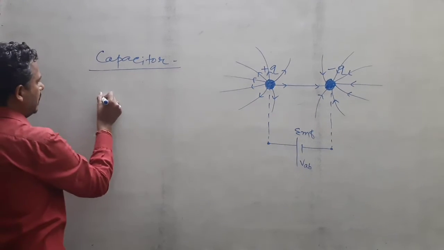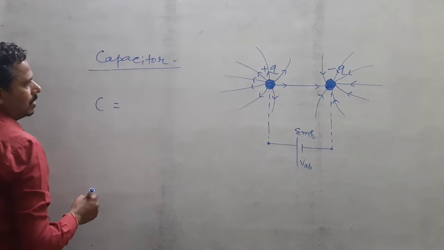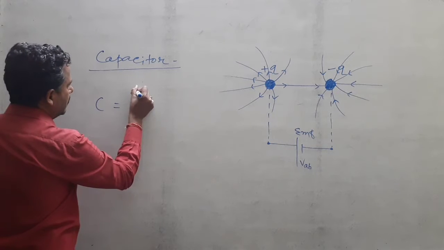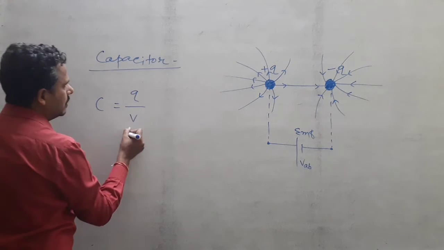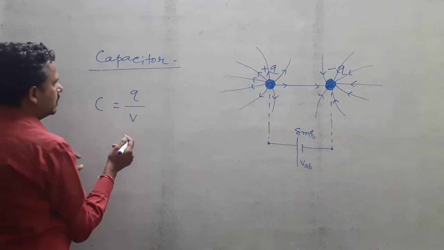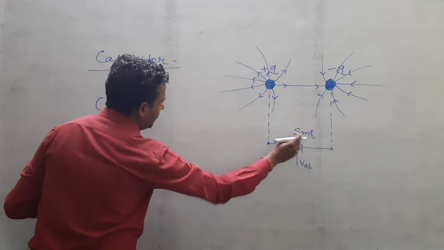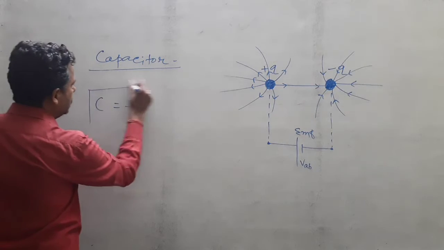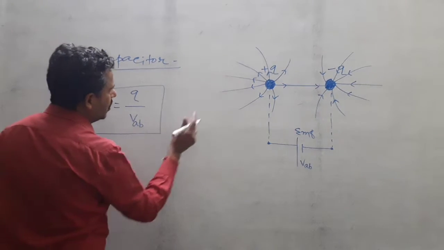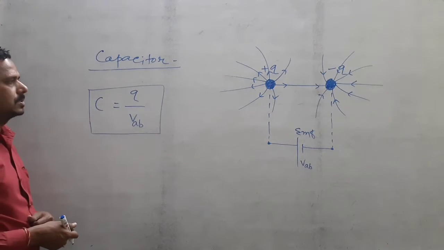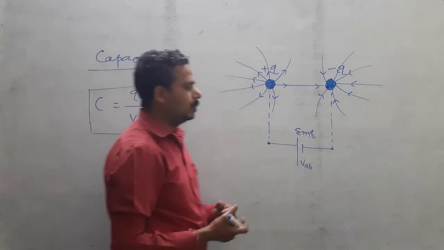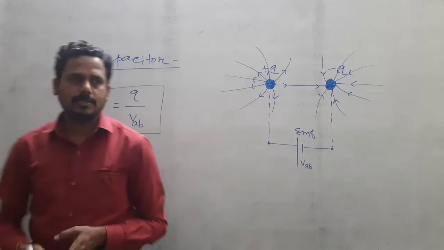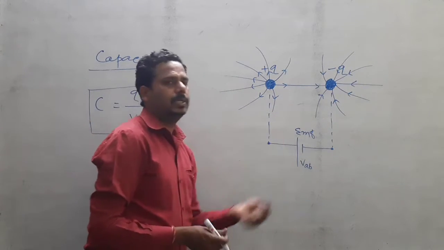So simply you can find the capacitance of these two conductors, charged by the potential. The potential between the two conductors is just like the potential of this EMF, that is VAB. So this is the capacitance of these two conductors, and by this method we can make a capacitor because there is a separation between the two conductors.